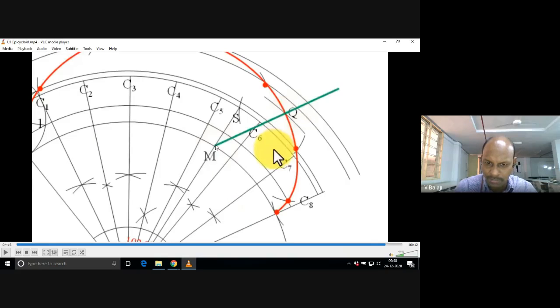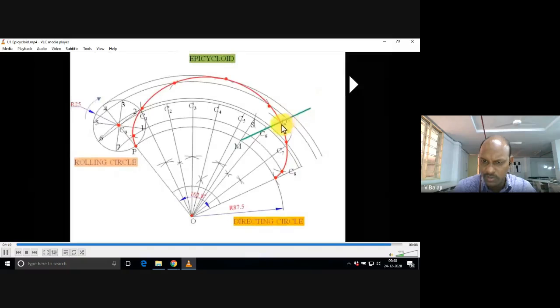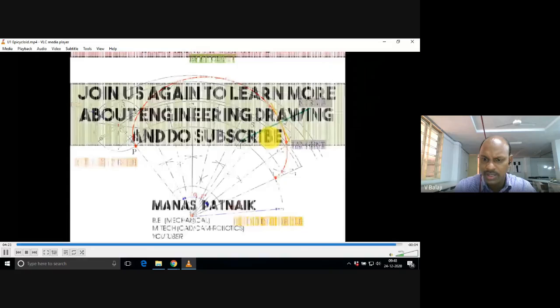This point is M. Join that point M to Q and extend a little bit away from the curve. That is the normal. Take your protractor, or better, the mini drafter, and you will get one more perpendicular on the curve.